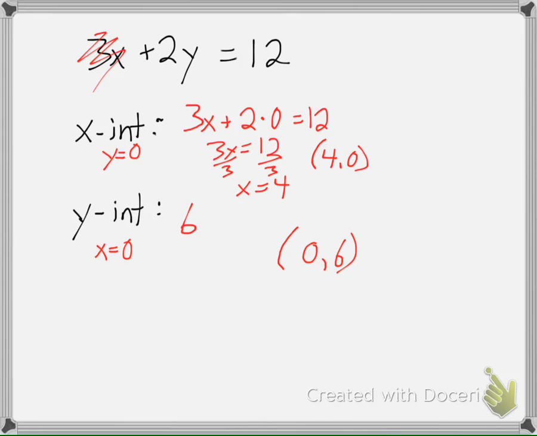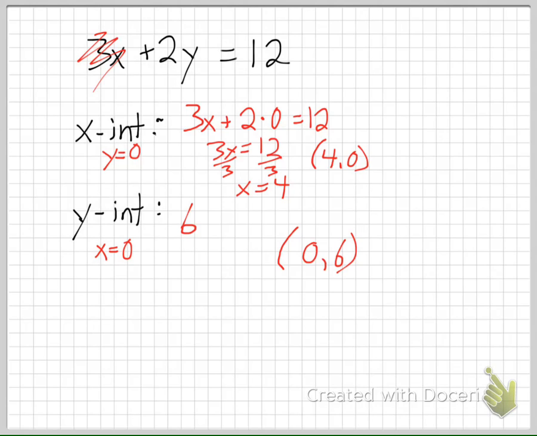And then if I wanted to graph this linear equation, all I would have to do is graph those 2 points. So I have (4, 0), so I'm going to the right 1, 2, 3, 4, and up or down 0.